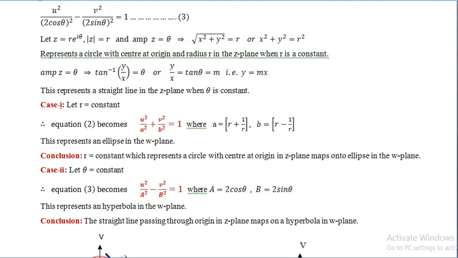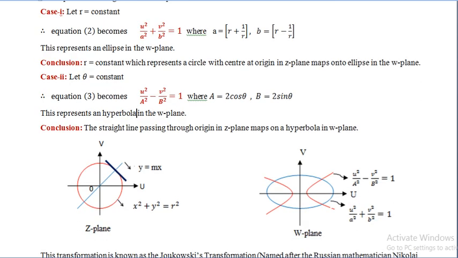So the conclusion is, the straight line passing through origin in the z plane maps onto a hyperbola in the w plane.